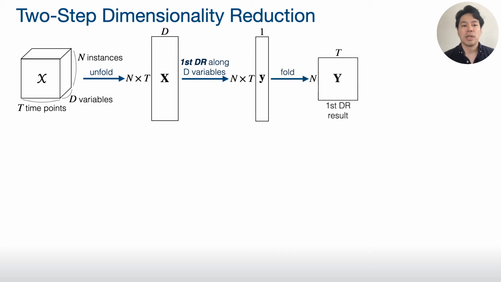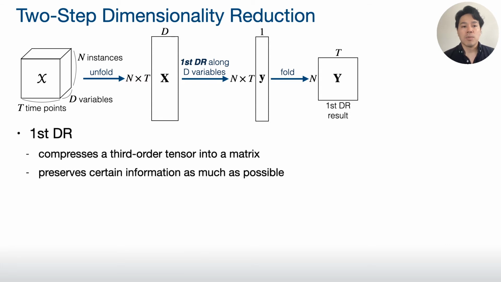After that, by referring to the index information of time points and instances, we can produce a matrix of n rows and t columns. The purpose of this first dimensionality reduction is to compress the multiple variables to one representative variable, while preserving certain information as much as possible.